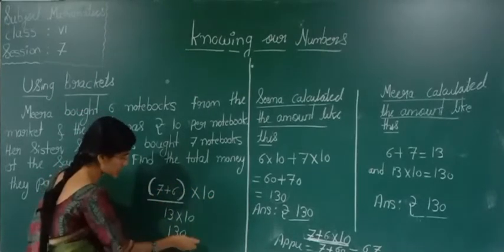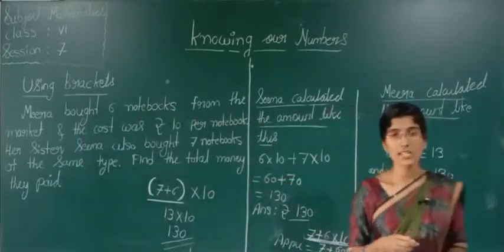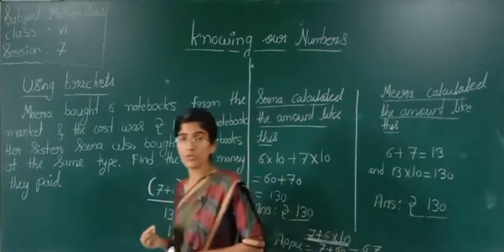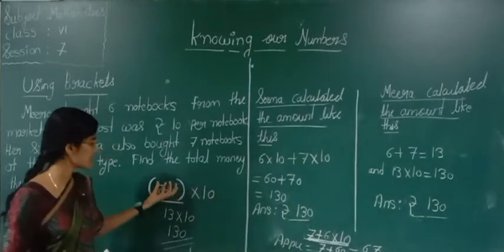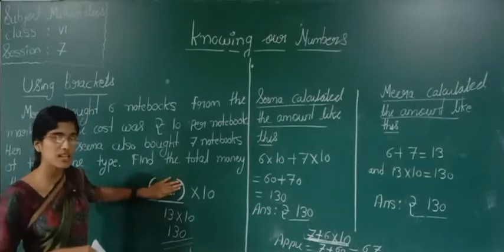Now the answer is 130. So by this we can say that to avoid confusion, we will use the brackets. Whatever the terms inside the bracket are, we will treat as a single number.